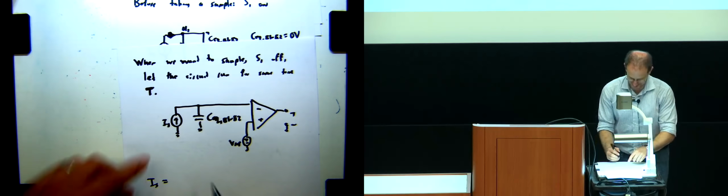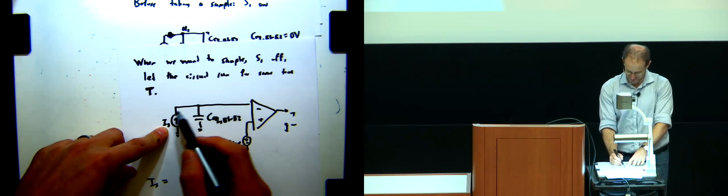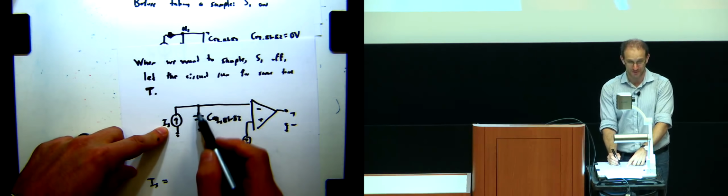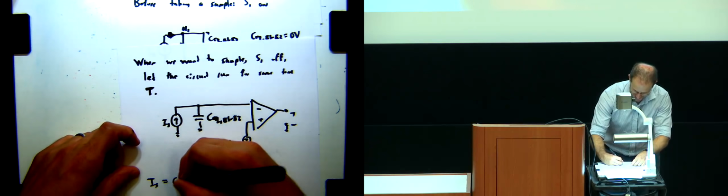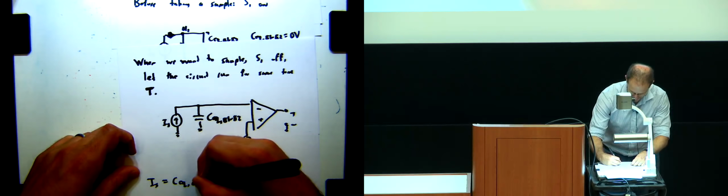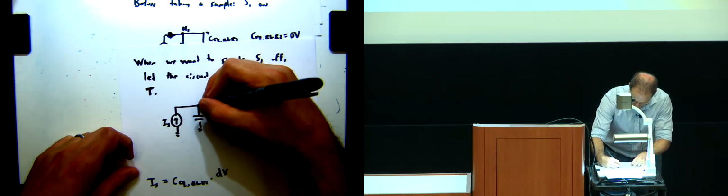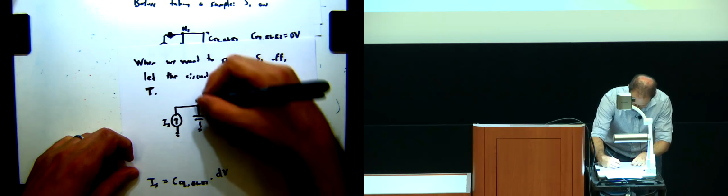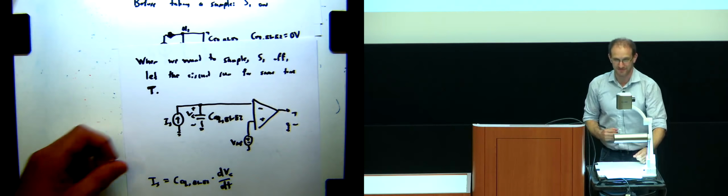I have just this IS. The current into the comparator is 0, so that IS has to flow fully through the capacitance. We know that for the capacitor, IS is equal to CEQ times dVC/dt, which I'll call VC.